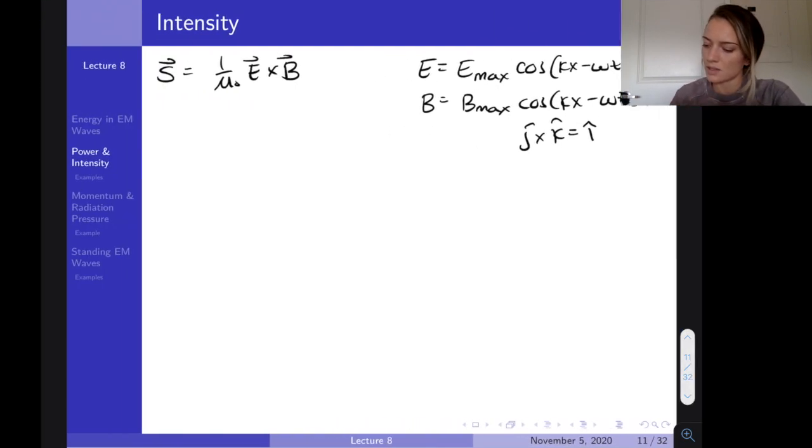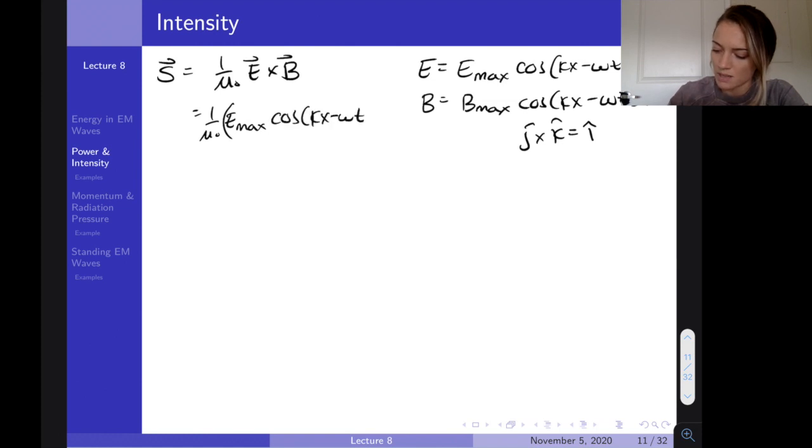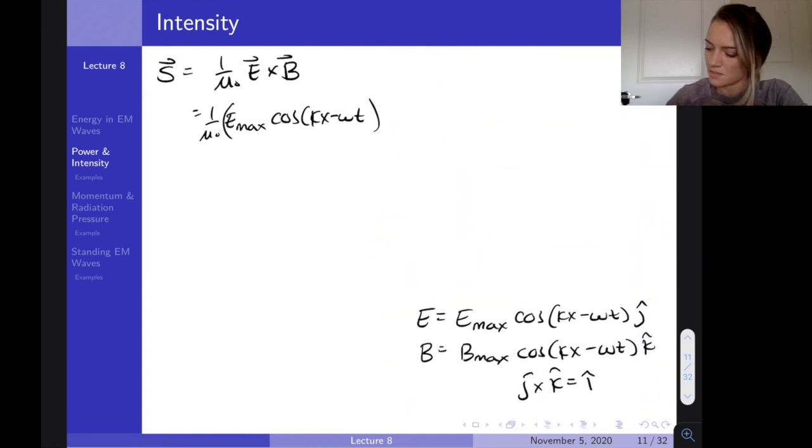Okay, so now let's write this out. So we have 1 over mu naught, we've got E max times cosine(kx minus omega t), and then we have B max times cosine(kx minus omega t).